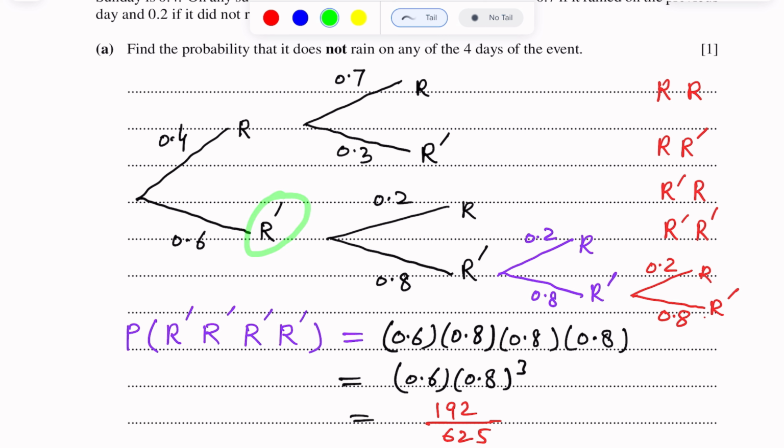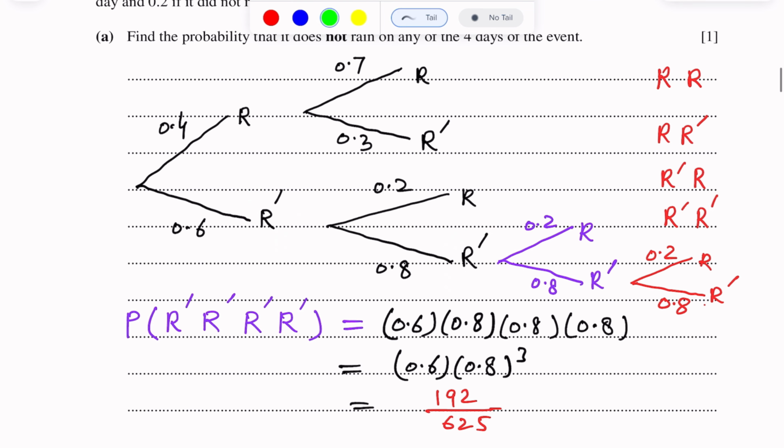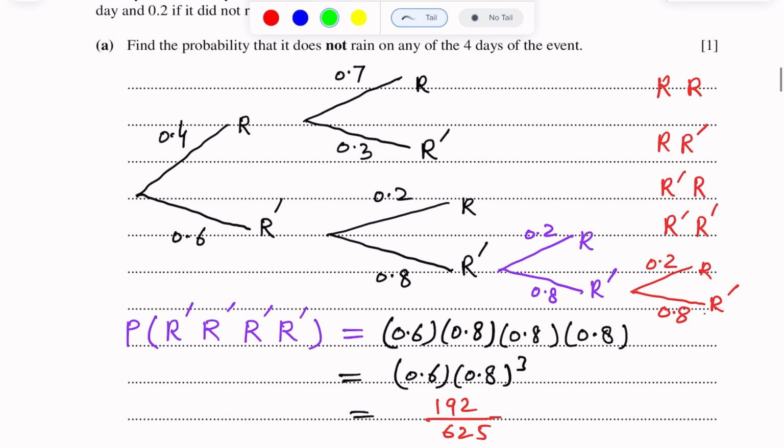R dash means dry, not raining. Raining 0.4, not raining, dry 0.3, then dry again 0.3.